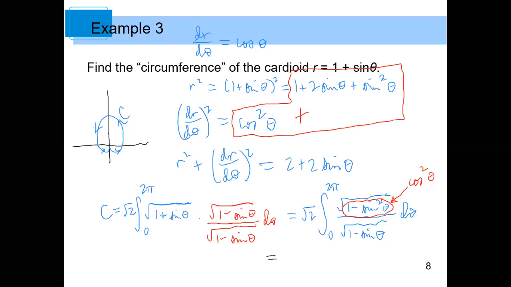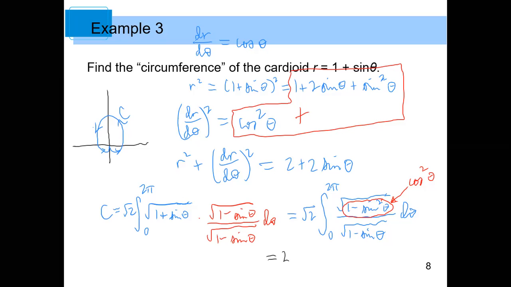That would be stupid, yes? Maybe I should say, how about negative 90 degrees up to 90 degrees, and then just double the thing. That would be half the cardioid. Does that make sense? All I'm doing is making sure I have cosines that are positive.